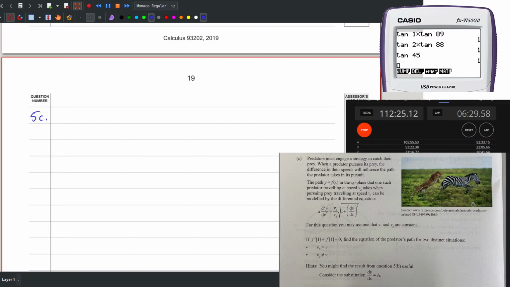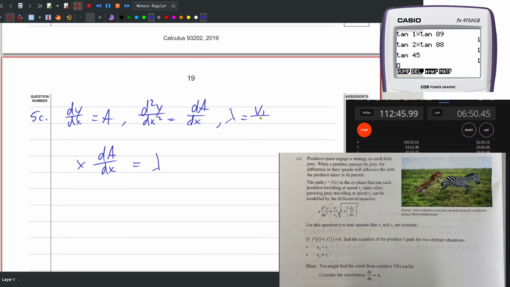Wait, is this one not just you take dy dx equals a, d squared y dx squared equals dA dx, and then x dA dx equals some constant lambda times square root of 1 plus a squared.